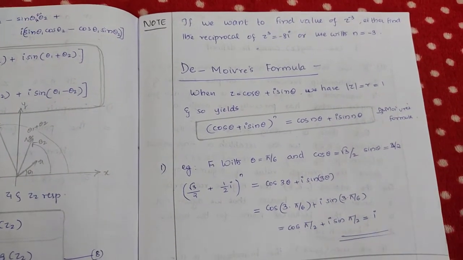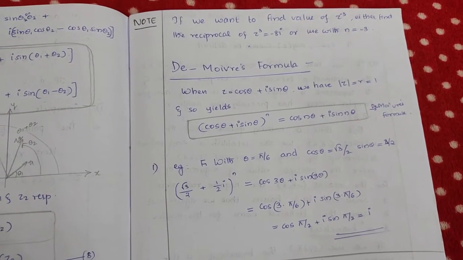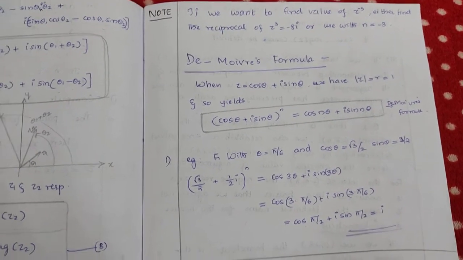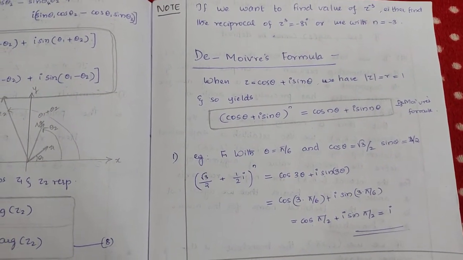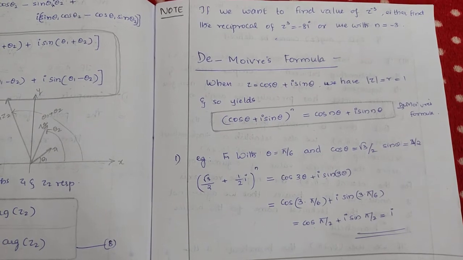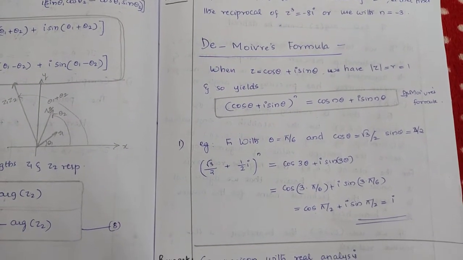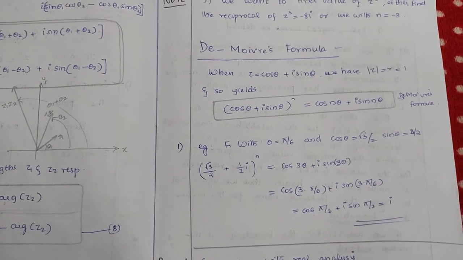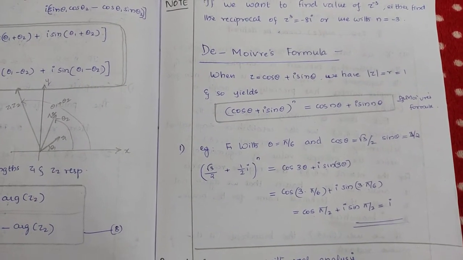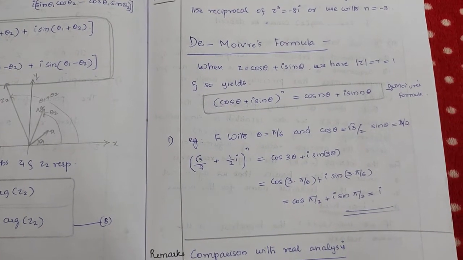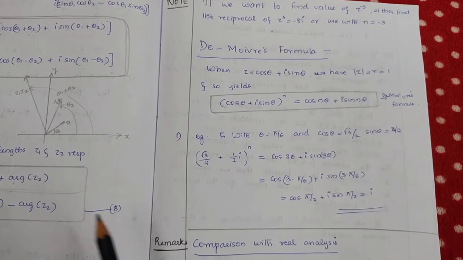So cos of 3 theta plus i sin of 3 theta, which is equal to cos 3 into pi by 6 plus i sin of 3 into pi by 6, which is equal to cos pi by 2 plus i sin pi by 2. Cos pi by 2 is equal to 0, sin pi by 2 is equal to 1, so we get i.